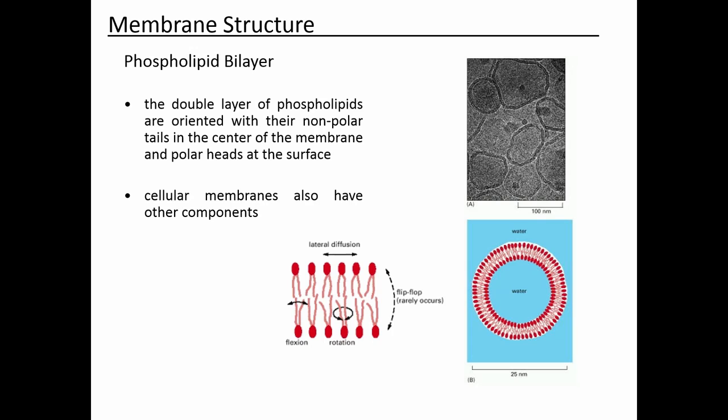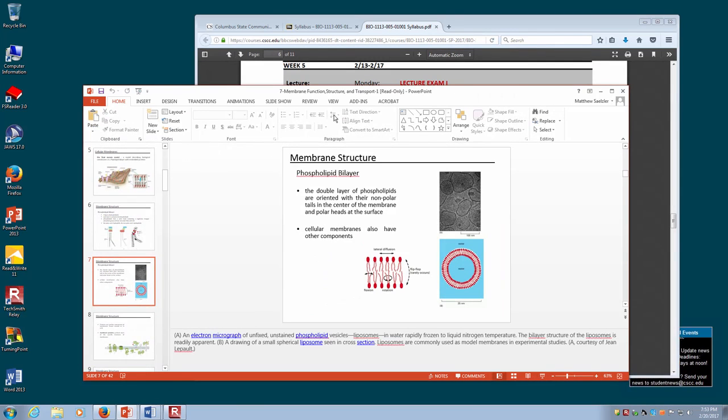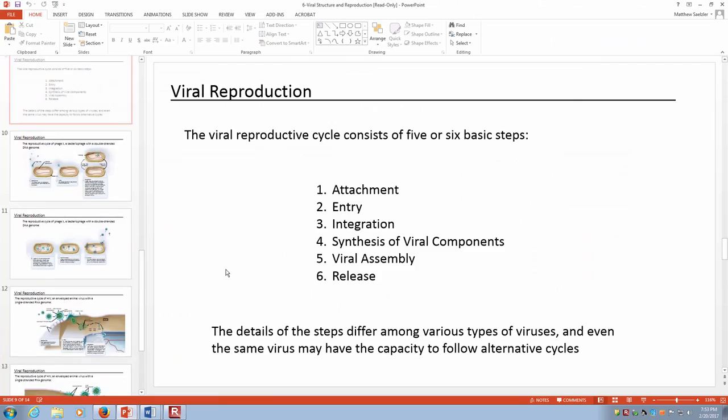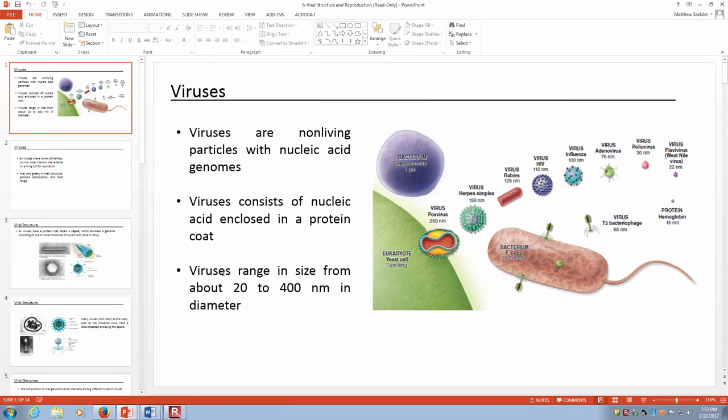I don't know if anyone's ever counted that, but the plasma membrane surrounds the whole cell. So depending on the bacterial cell and eukaryotic cells, this is showing you how long.